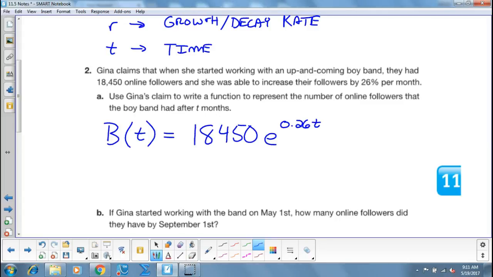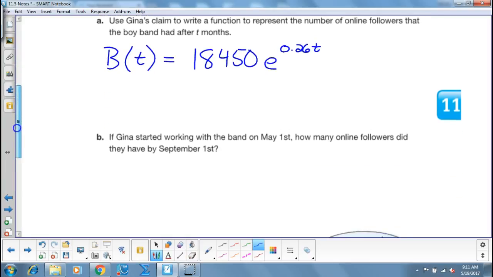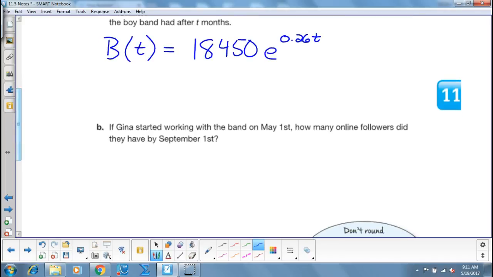If Gina started working with the band on May 1st, so we're talking in months, how many followers did it have by September 1st? Well, what's the difference between May and September? May, June, July, August, September, right?